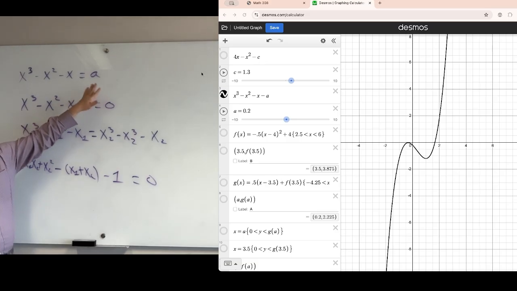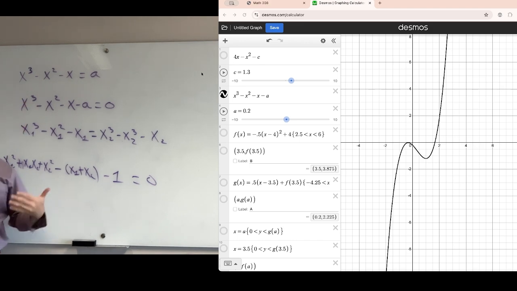If we're at a local minimum or a local maximum, what's going to happen is that x1 and x2 are equal to each other because we have a repeated root. So in other words, if you put x1 and x2 equal to each other over here, this is going to give us x squared plus x squared plus x squared. So we're going to get 3x squared minus 2x minus 1 is equal to 0.